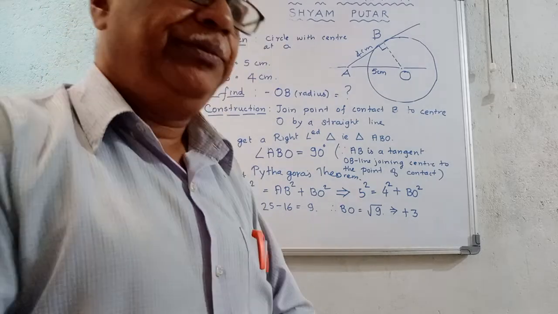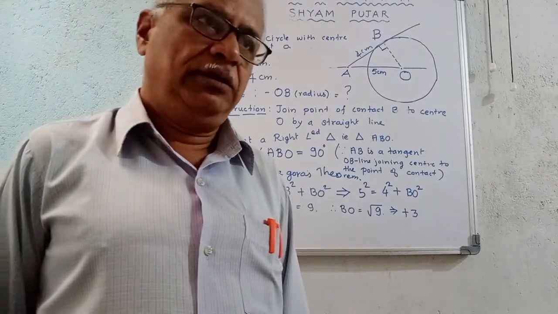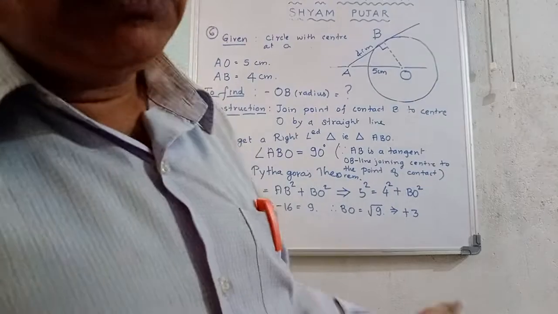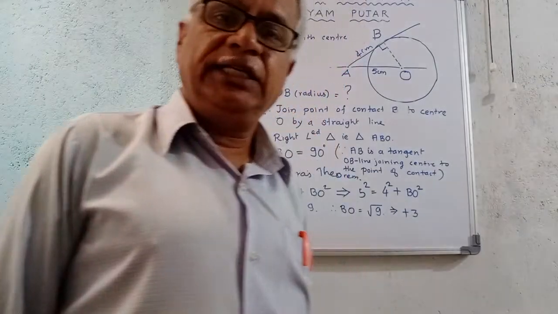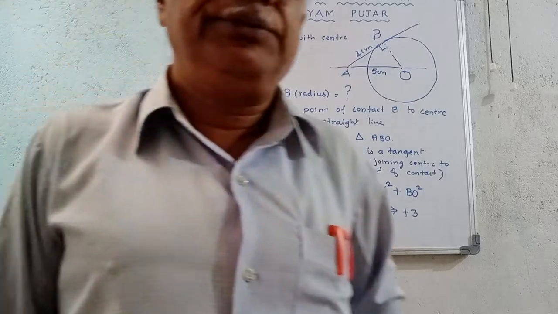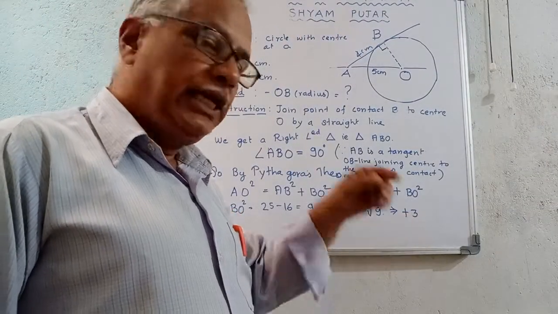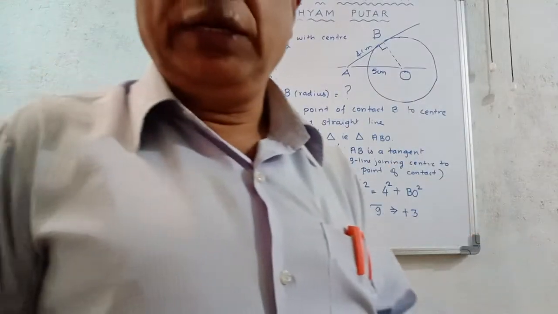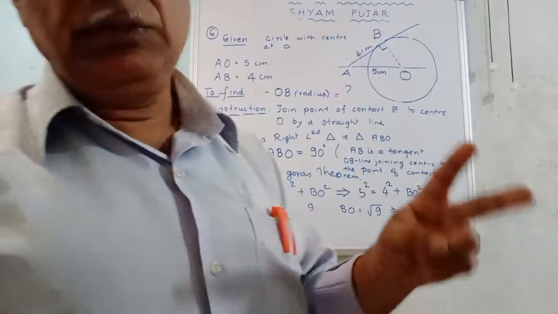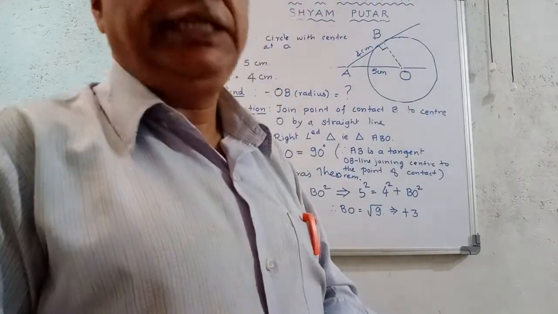Can anyone tell me why minus 3 is not acceptable? Can we have the radius of a circle or length of a line as minus 3 centimeter? Does it make sense? No. Hence, we select the correct one. Technically we always get two answers, plus 3 and minus 3, but please reject minus 3.